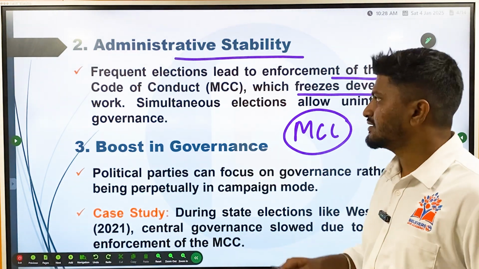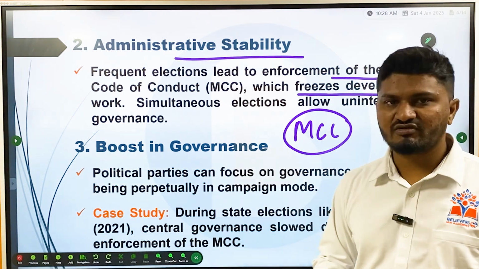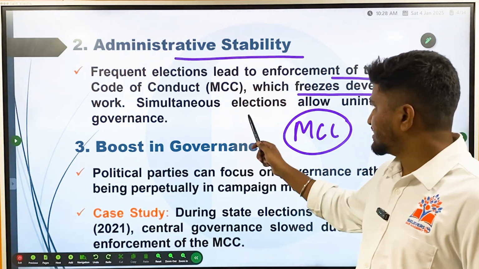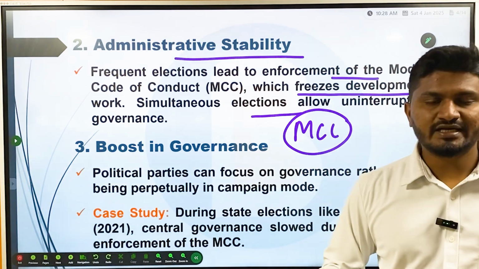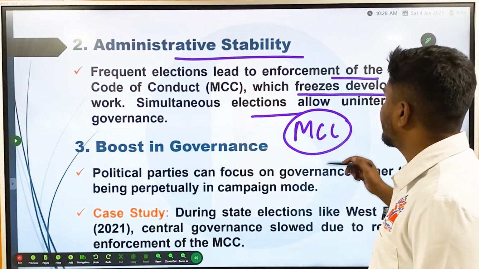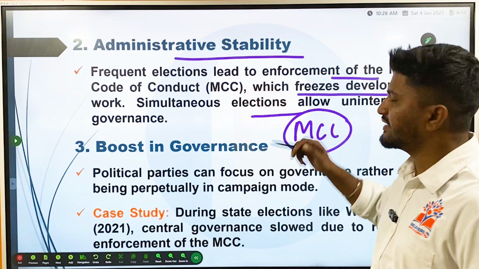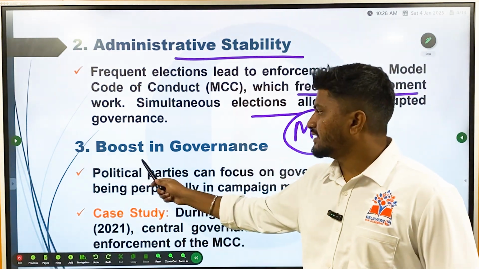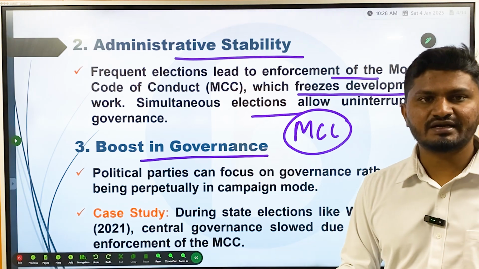As a result, the frequent enforcement of model code of conduct is detrimental to developmental work. Simultaneous elections will allow uninterrupted governance, with fewer elections and fewer freezes on developmental activities. Then it is going to boost the governance.